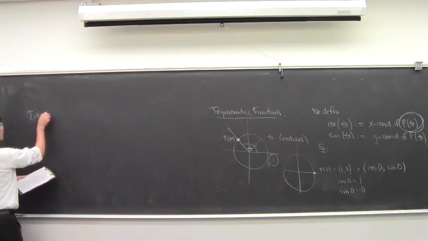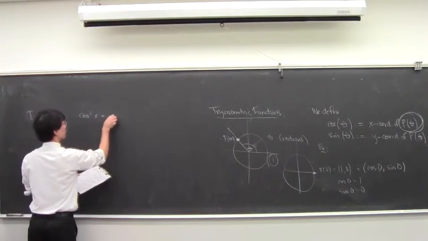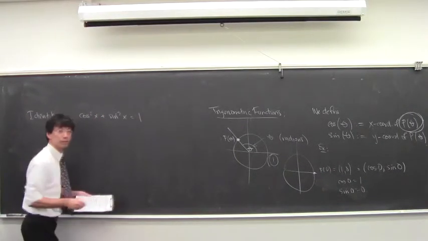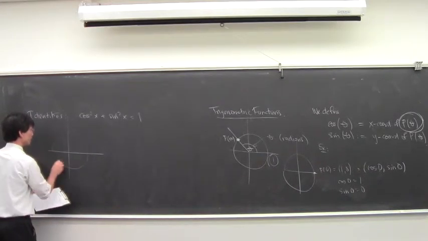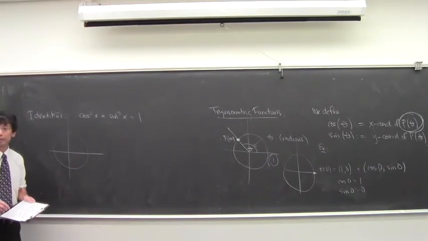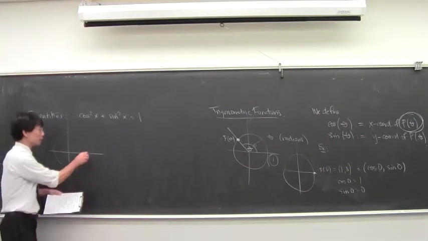Identities. Why is it true that cosine squared plus sine squared equals 1? Why is it completely obvious now that cosine squared plus sine squared always equals 1? Because it's the Pythagorean theorem, because we're on the unit circle.